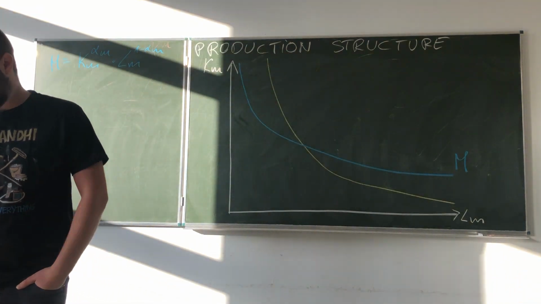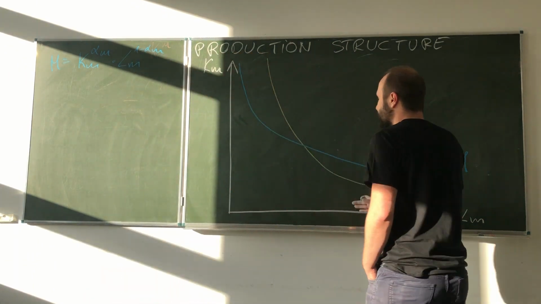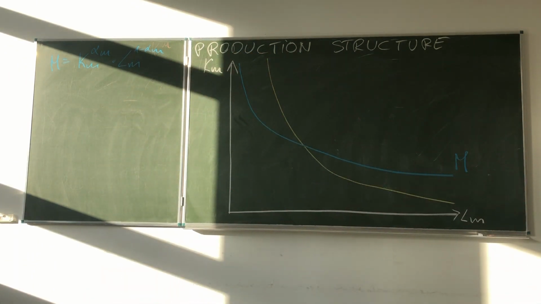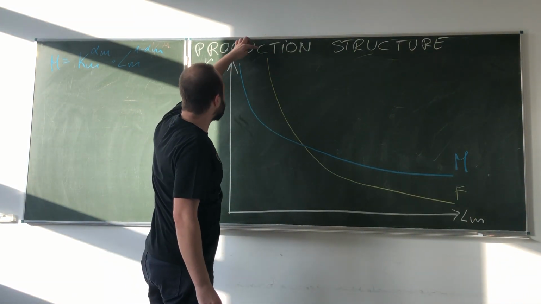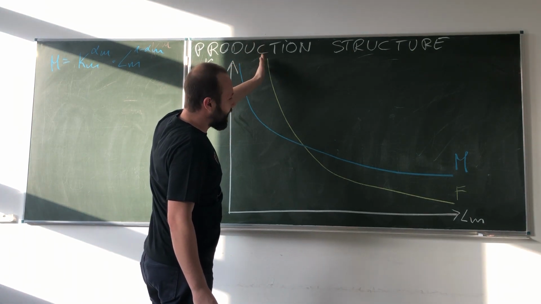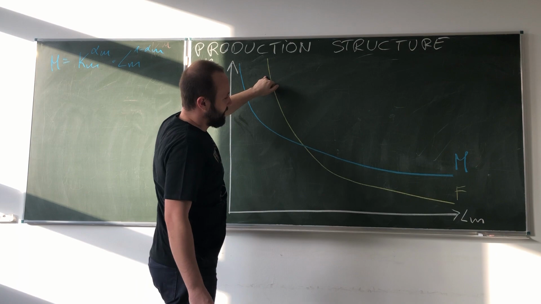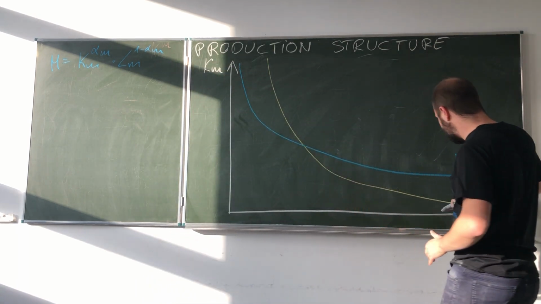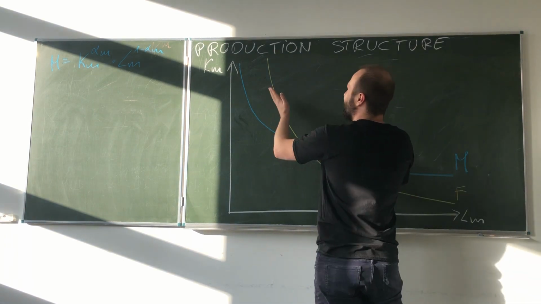Now, if we consider the second group we've got in our economy, food, we would see that production of food is probably more labor intensive, and it would be represented by an isoquant like this. In the case of this isoquant, it is way easier to replace capital by labor. But if we want to compensate for labor, we would have to add more and more capital.